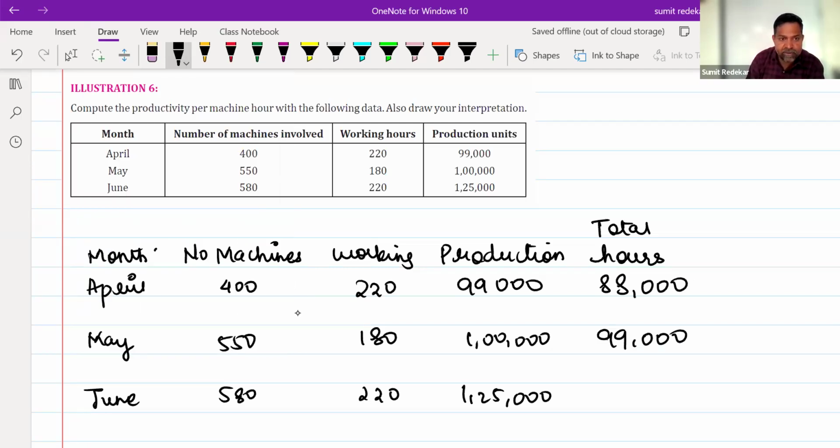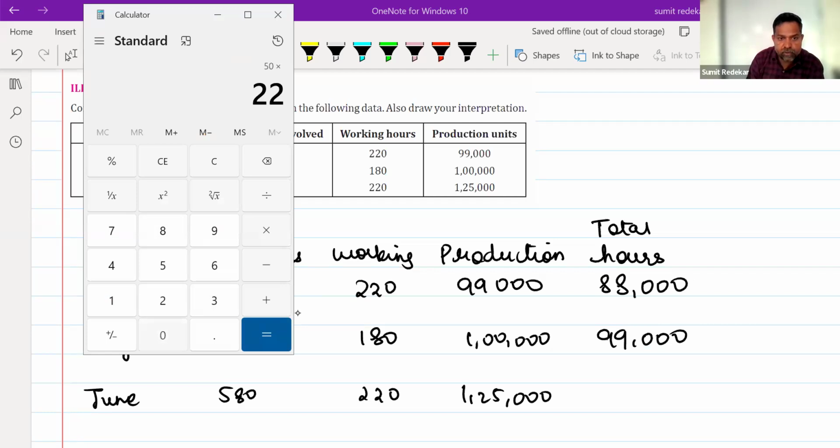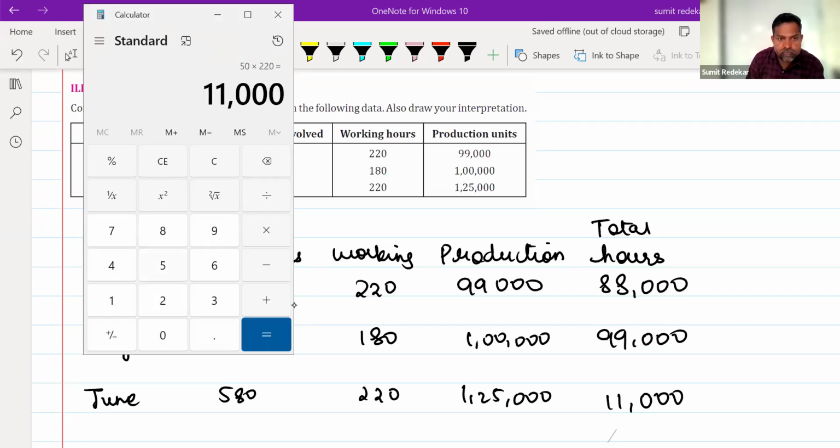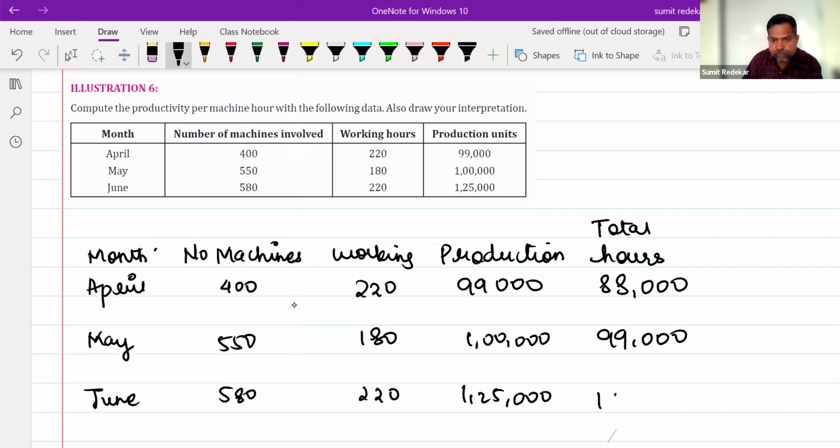And then you are going to have 580 into 220, which is 127,600. Correct? The next thing that we are going to find is productivity.